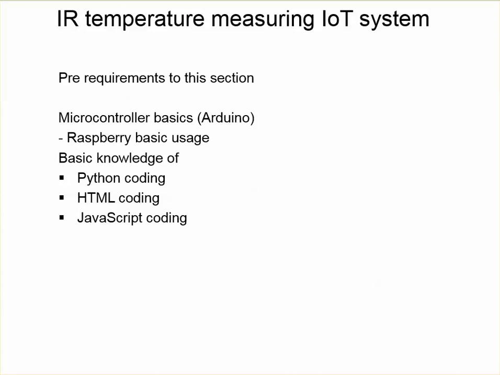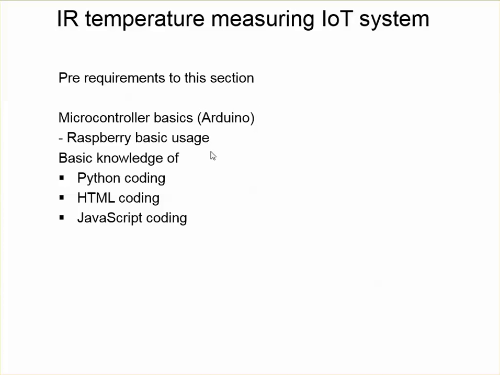You will get the reference code for this system, but if you would like to understand these items at a deep level, it is recommended that you have some basics of microcontrollers. If you have done the earlier exercises in this course, you are familiar with the Arduino.